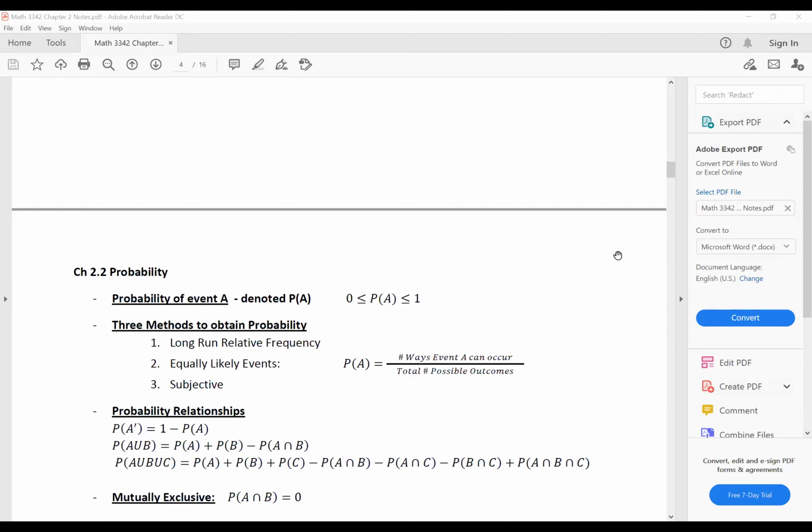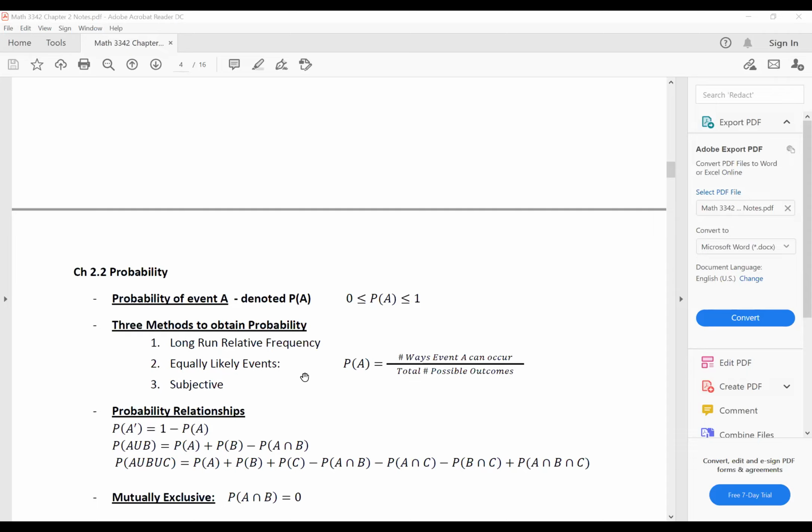Then you can calculate the percentage of heads and tails.